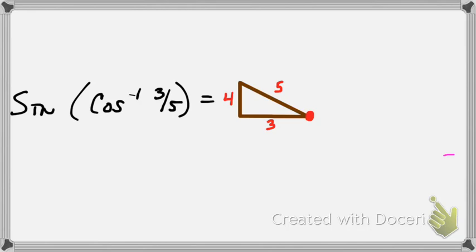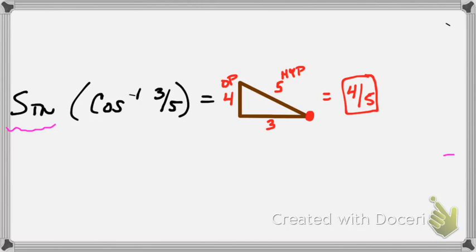The question isn't what is the angle. The question is what is the sine of the angle. And the sine of that angle is the opposite over the hypotenuse, which is 4/5. So what's the point in doing the inverse?